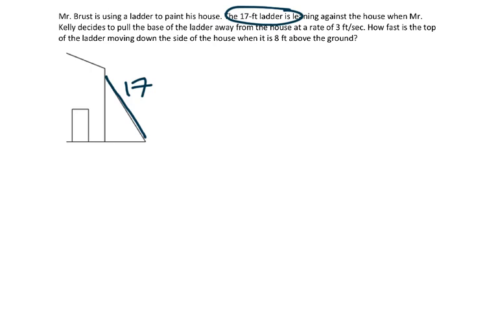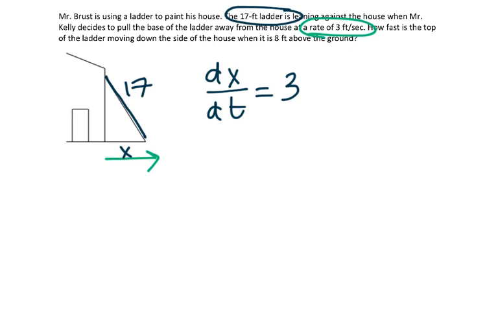So he's pulling it this way. I don't know that distance, but I know that is the rate. So let's call this x, because I don't know that distance. But I do know the rate of it, so dx/dt is 3 feet per second.